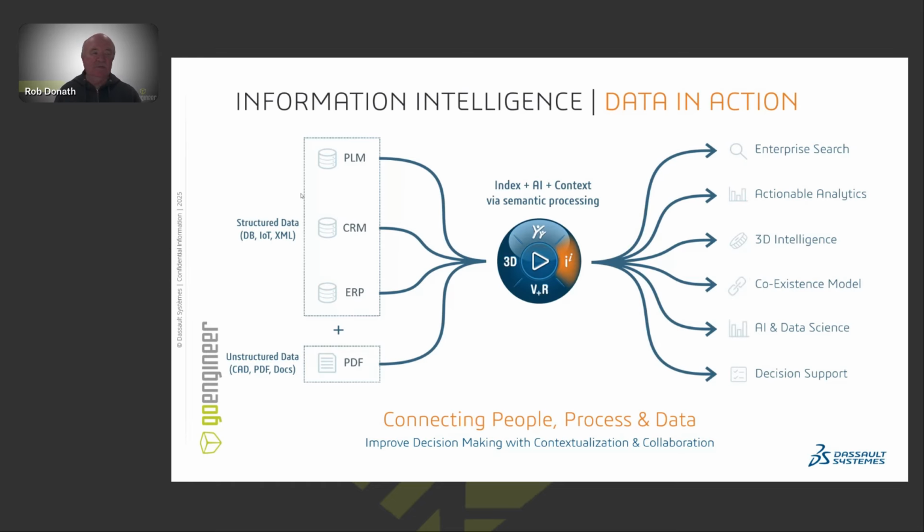We bring all of that into a central location from an indexing standpoint. We utilize AI and machine learning tools along with the context to provide some semantic processing. And the end result is that we have this connectivity result that allows you to do things like enterprise search.